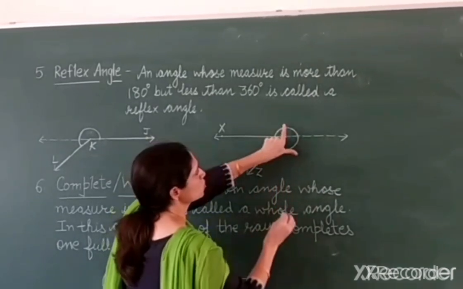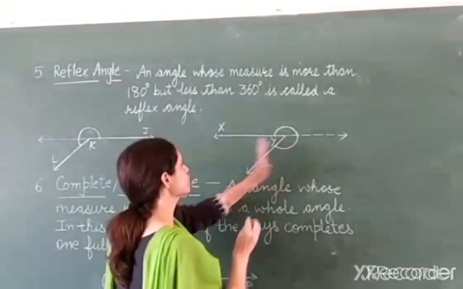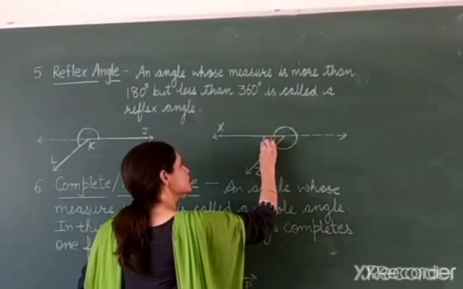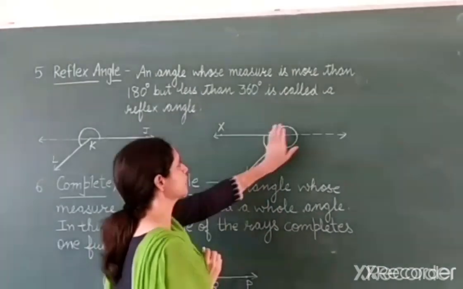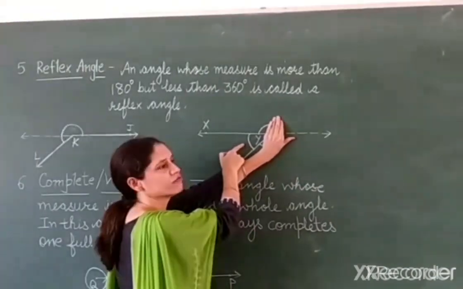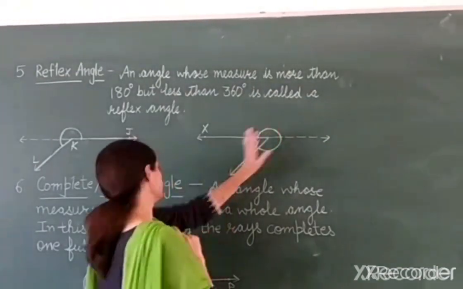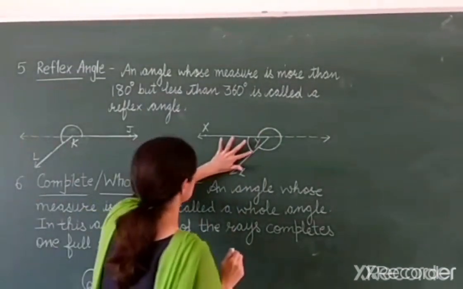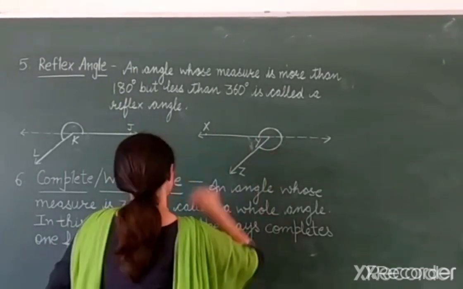So this angle is known as reflex angle. Similarly, in this figure also, there is one more angle, angle XYZ. But this angle is not a reflex angle. This angle is known as acute angle. So this is the reflex angle.